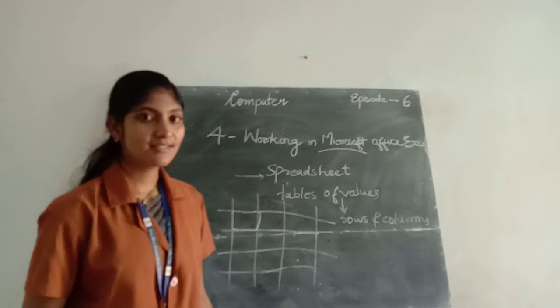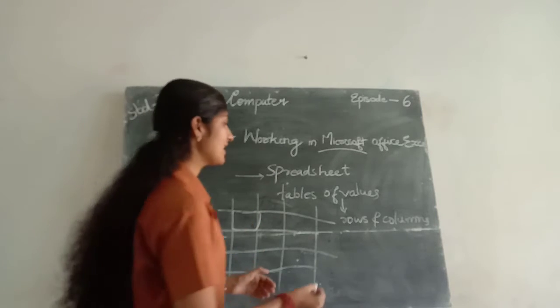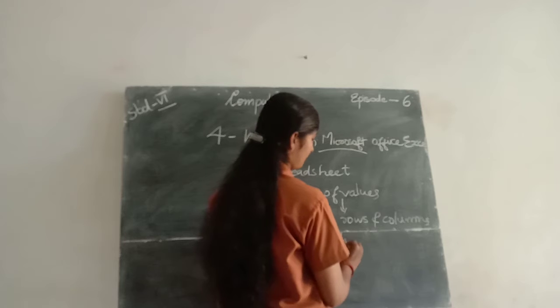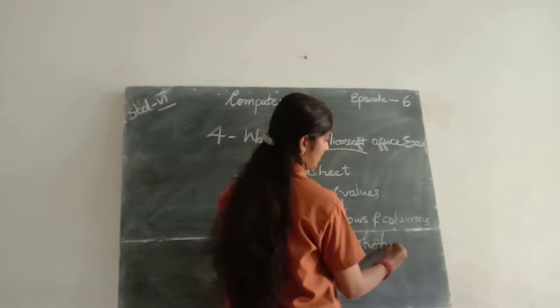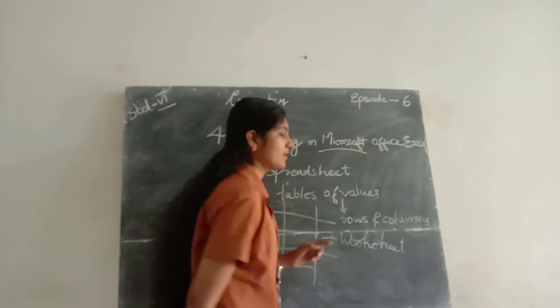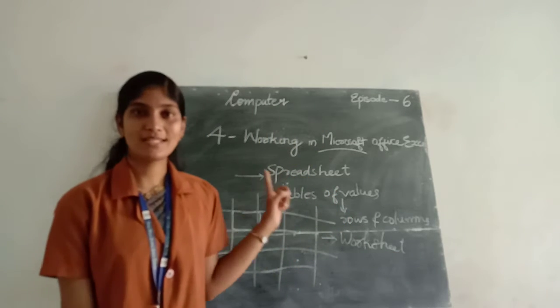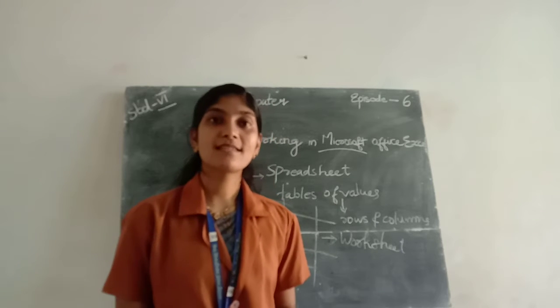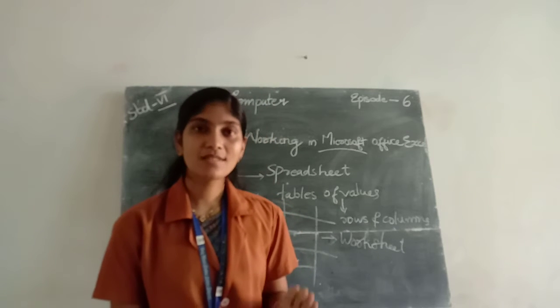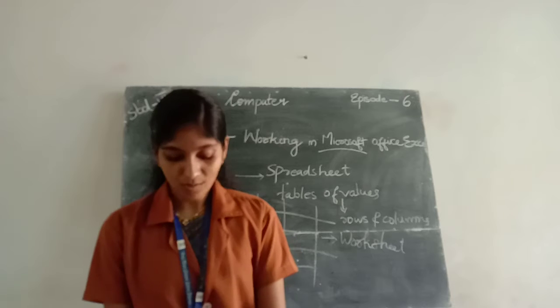This is known as a spreadsheet, or we can say it is a workbook or worksheet. So Microsoft Office Excel is a spreadsheet program that presents tables of values arranged in rows and columns.